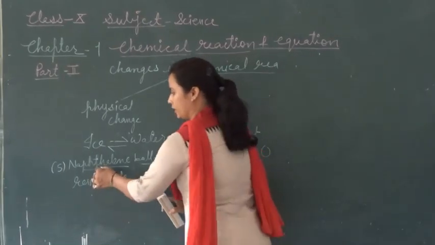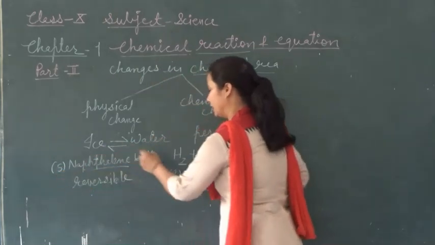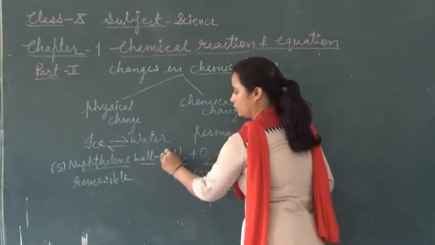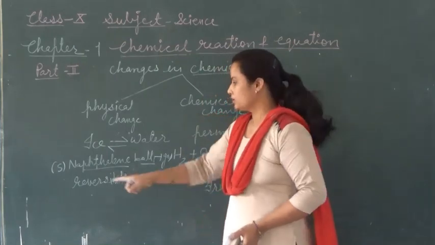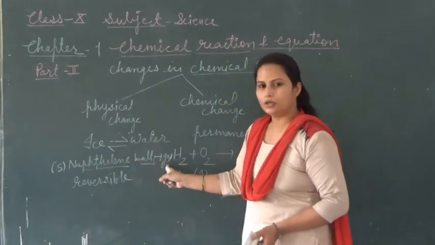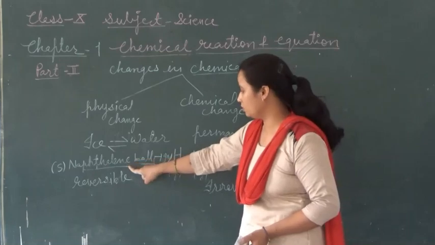It means the naphthalene ball, found in solid form, directly converts into gas form. By an experiment, we can also show that the solid naphthalene ball directly converts into gas.